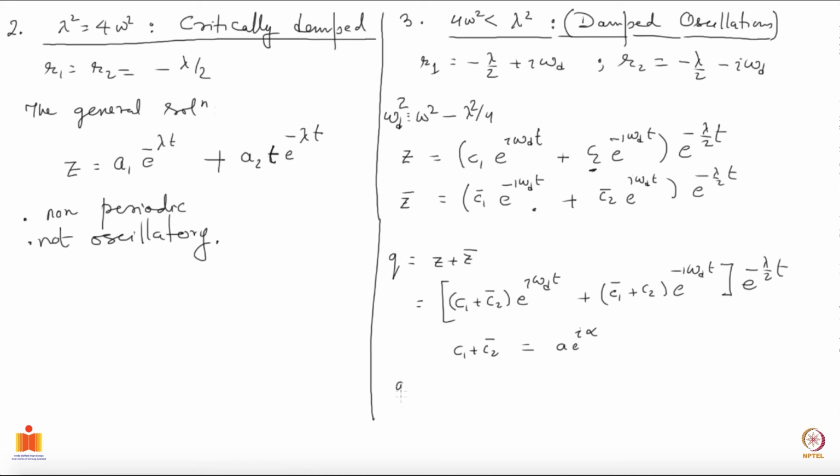And then my Q becomes e to the i omega d t plus alpha, and you have a here, and plus this is just the complex conjugate of this, which means for this piece you'll get a e to the minus i omega d t plus alpha.